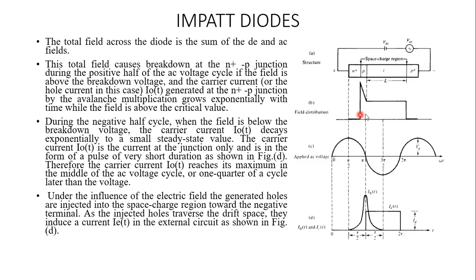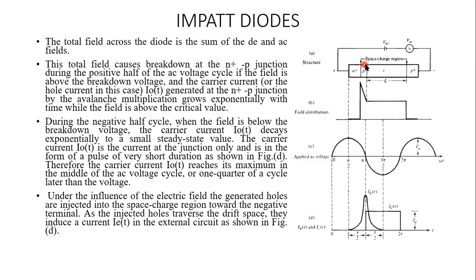Now because of this doping profile, this is the electric field distribution. You can see that the electric field is very high at the junction because of the large doping and doping difference. In the intrinsic region, it is going to be very smooth because no charge exists here.